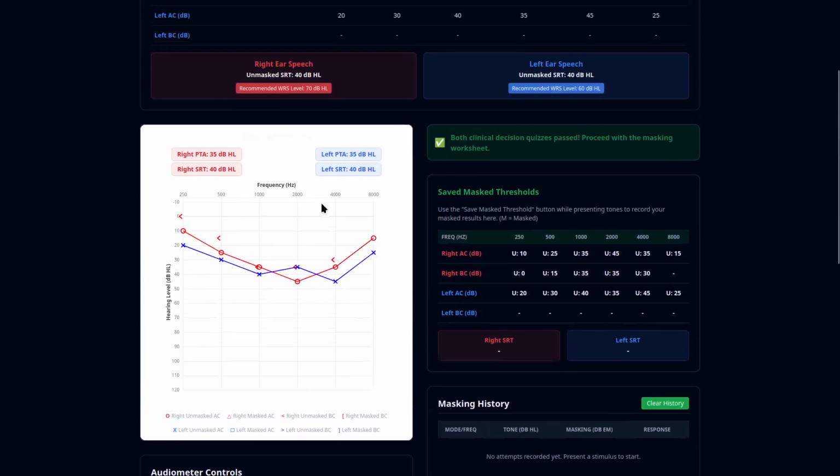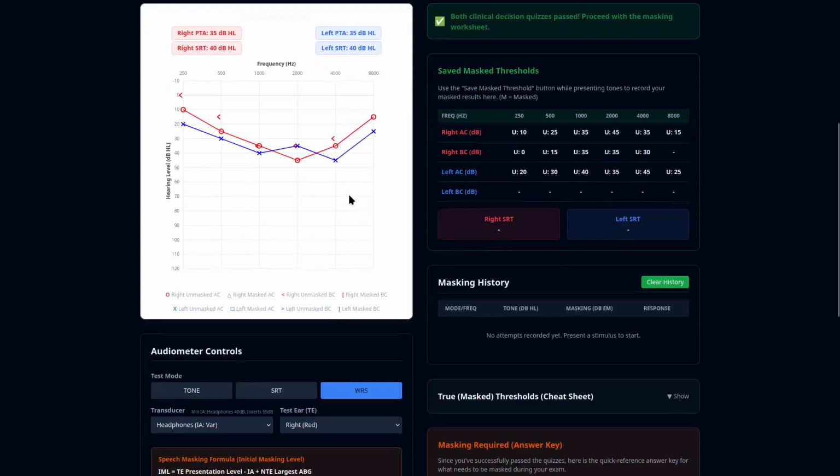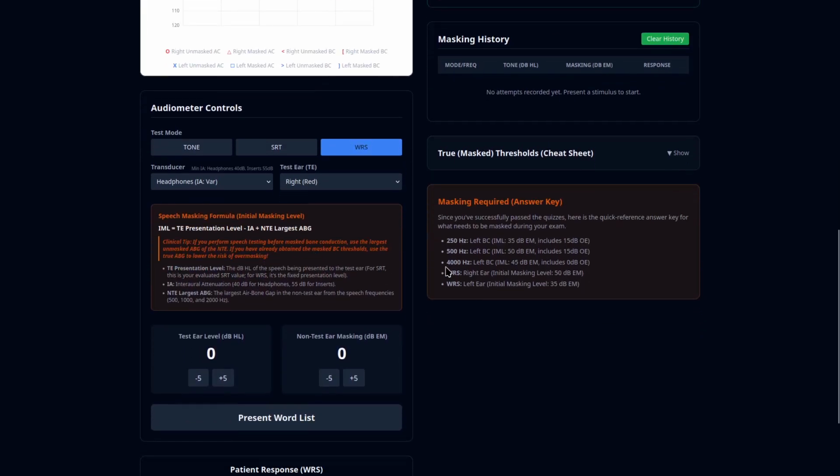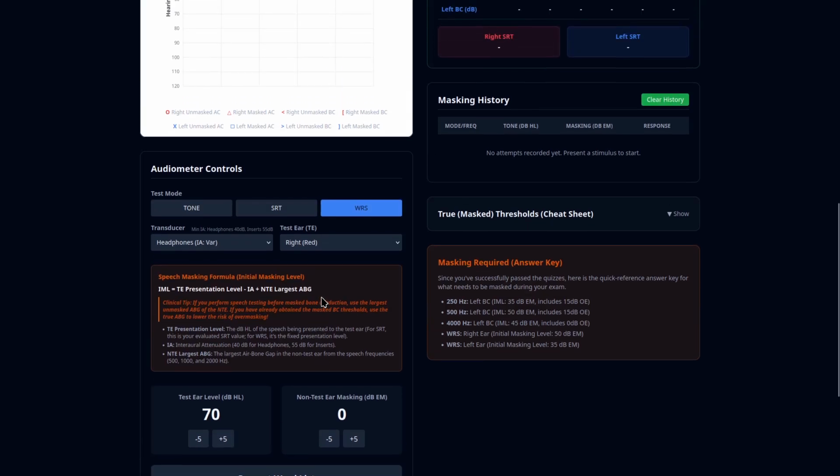We have our presentation level given to us at 70 dB, and we can cheat a little bit if we want to and look over here to the right side for our initial masking level. But let's break it down. Let's calculate it out here. There's a few ways we can think about this, but let's do it the way that we are supposed to. So presentation level minus interaural attenuation level. So 70 minus 40 is 30.